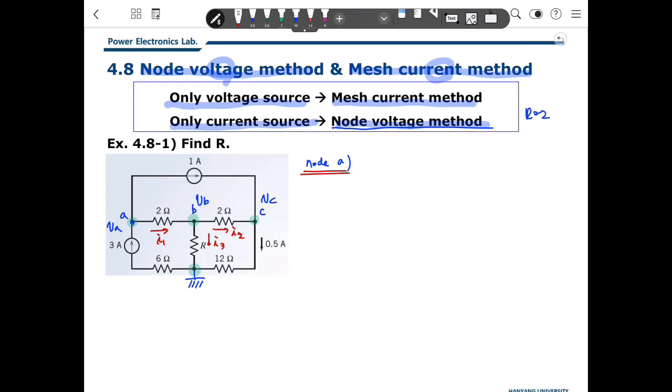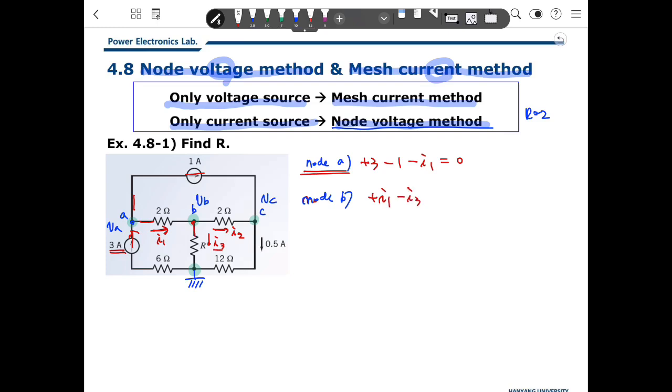Then how about node A? Node A means here plus 3, here minus 1, here minus I1 will be 0. How about node 2, node B? I1 is coming here, so plus I1.